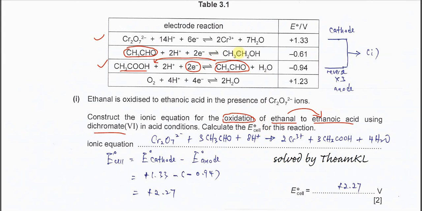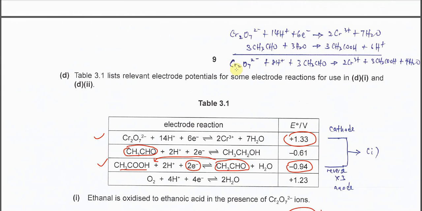So we need to get the overall equation now. Because the dichromate half cell here is more positive, it's 1.33, and this one is negative 0.94. Therefore, we know that this one will stay as reduction form, and this one must be reversed, as I told you just now. So it's reversed and it gets oxidized, releasing electrons. It's something like this.